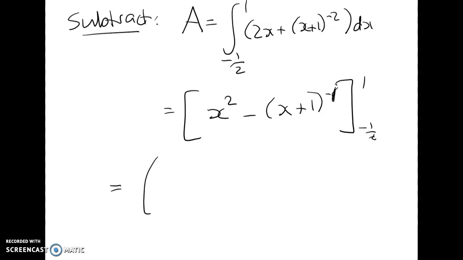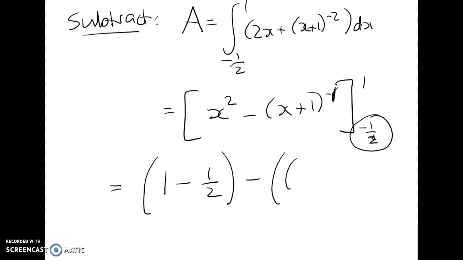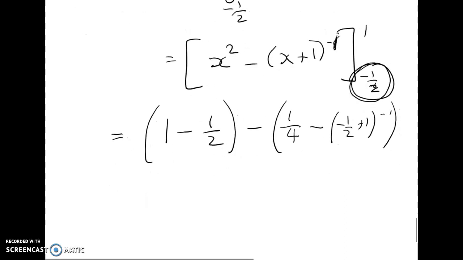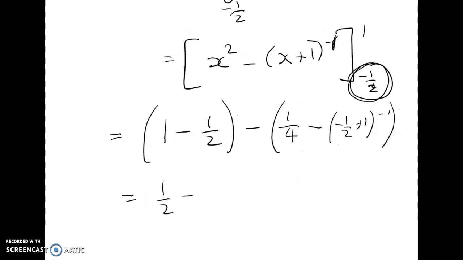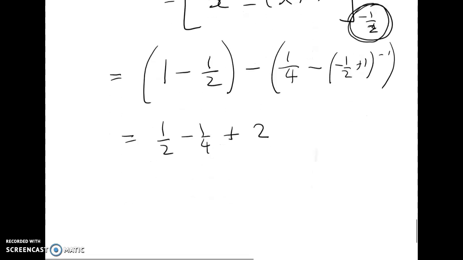What does that give me? Well, substituting in, I get 1 minus 2 to the negative 1, which is a half, minus, this is negative 1/2 squared, so that gives me 1/4. I wonder if anyone's still watching. Here, 1/4 minus negative 1/2 plus 1 to the negative 1, giving me 1/2 minus 1/4 plus 2.